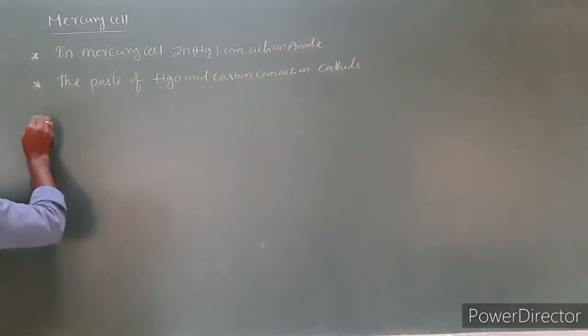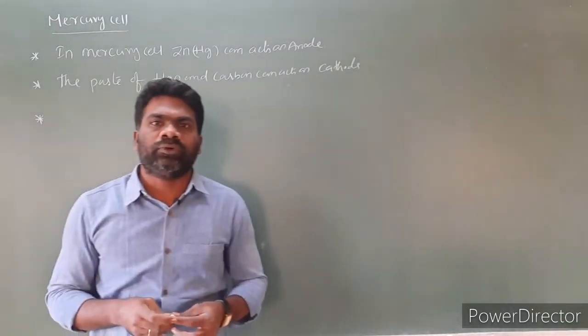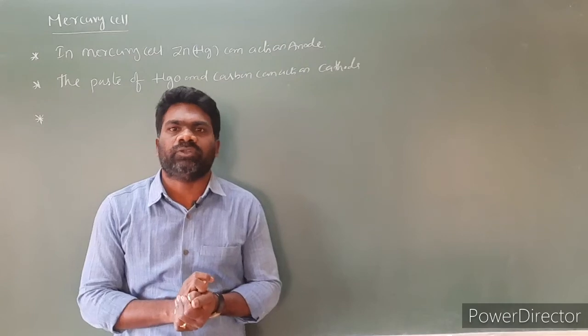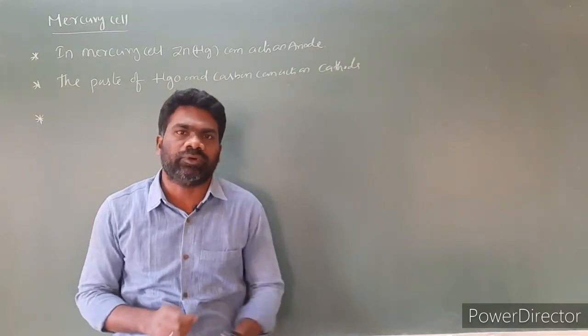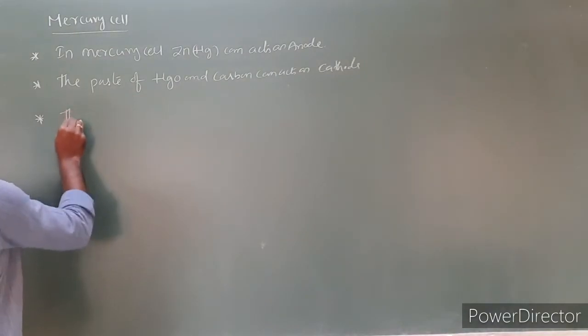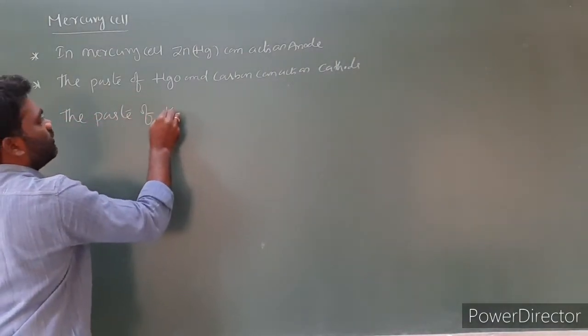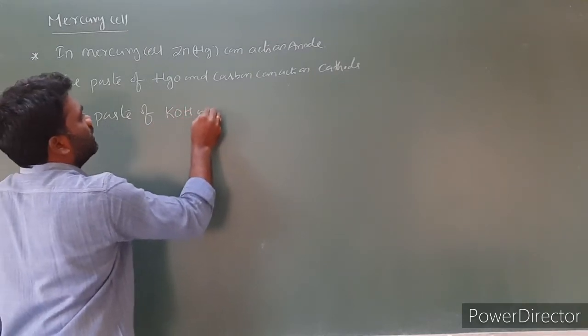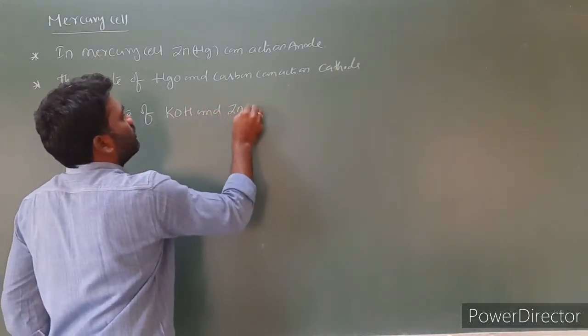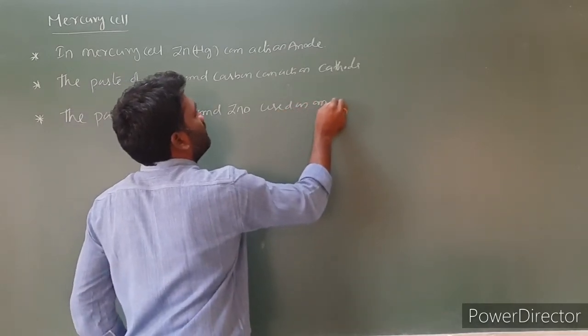Next point, in mercury cell, the paste of KOH and ZnO is used as the electrolyte.